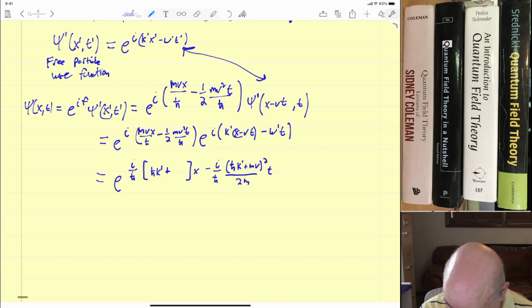Now what I have to do is convince you that all of this is correct, and I need to fill in this term. So this is just an x term, which will come from here. So I need i mvx over h bar, so this becomes just mv. Okay, so we've established this, and we've established this. You know what? Let me do it another way. So this term, let's call this 1.